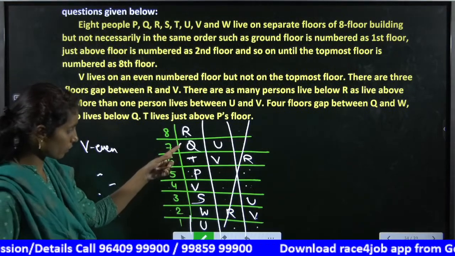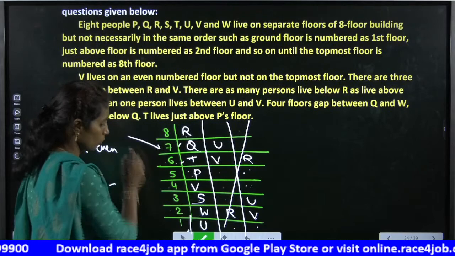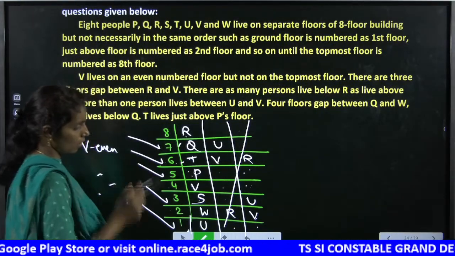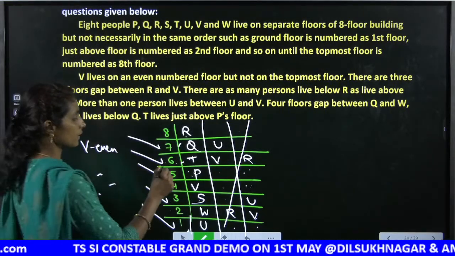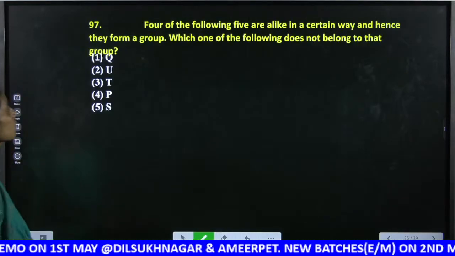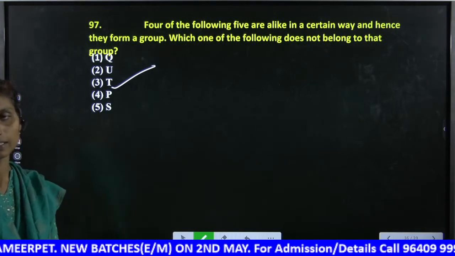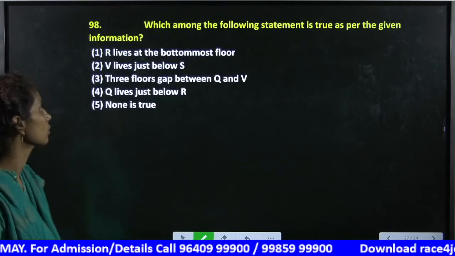Q is on the 7th floor. U, T, Q, U, T, P, yes. All are on odd-numbered floors. Only T is on an even-numbered floor. And the answer here is the third option. T is on the even-numbered floor. The remaining all are on odd-numbered floors.